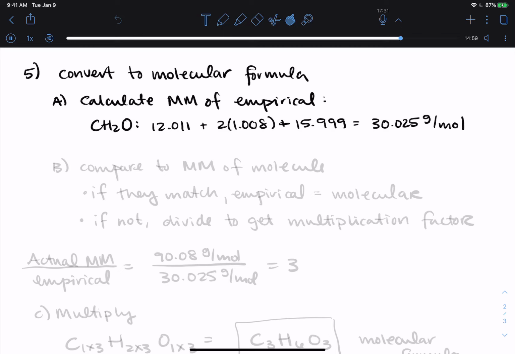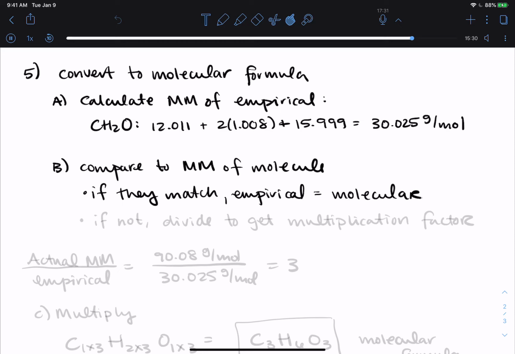And then the second step is to compare this to the given molar mass. So if they match, it means you don't actually have to do any more work because the empirical formula is the same as the molecular formula, which is not the case here, right?